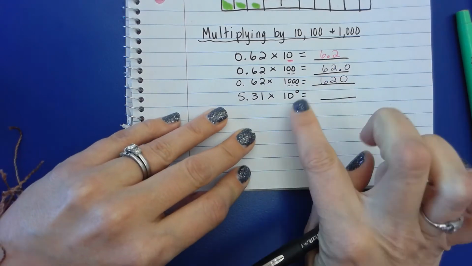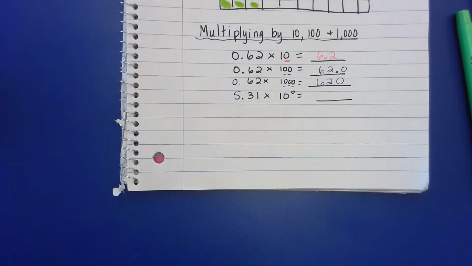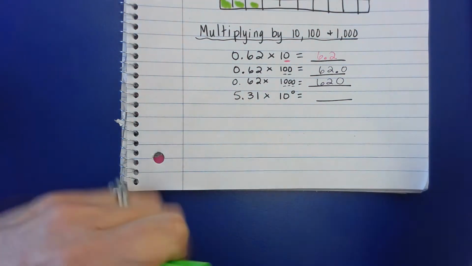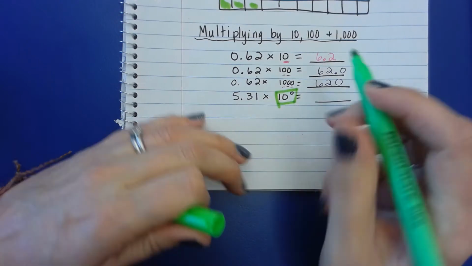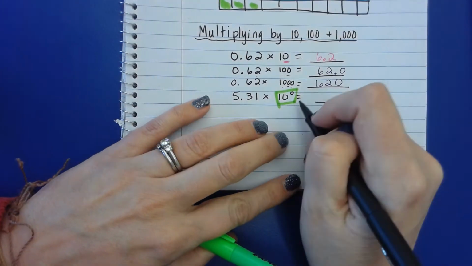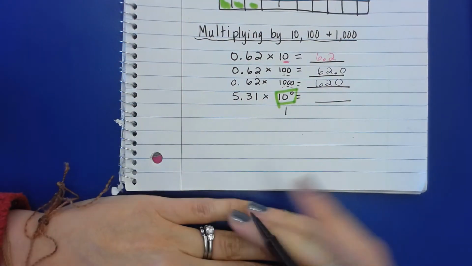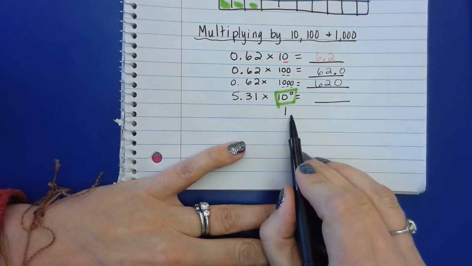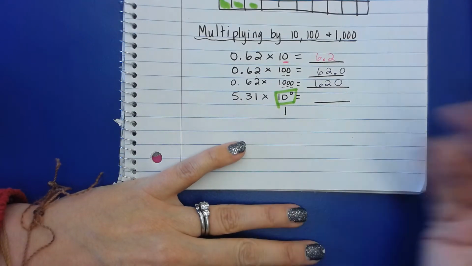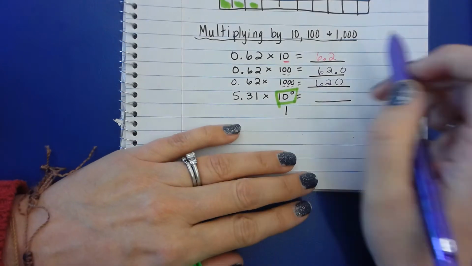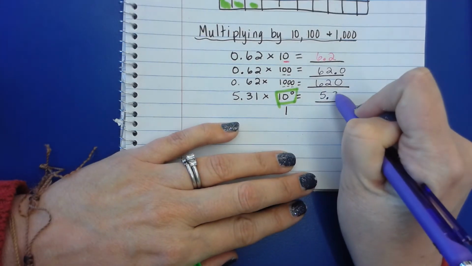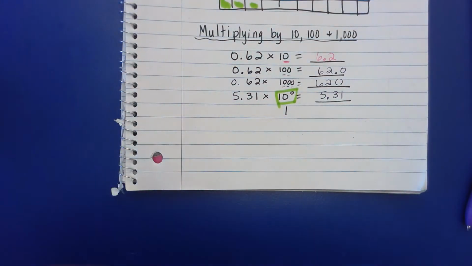Uh-oh. Remember that 10 to the 0? So 10 to the 0 actually is the same value as, do you remember? 1. So it's really 5 and 31 hundredths times 1. Same old 5 and 31 hundredths, right? So you might see that on your pretest as well.